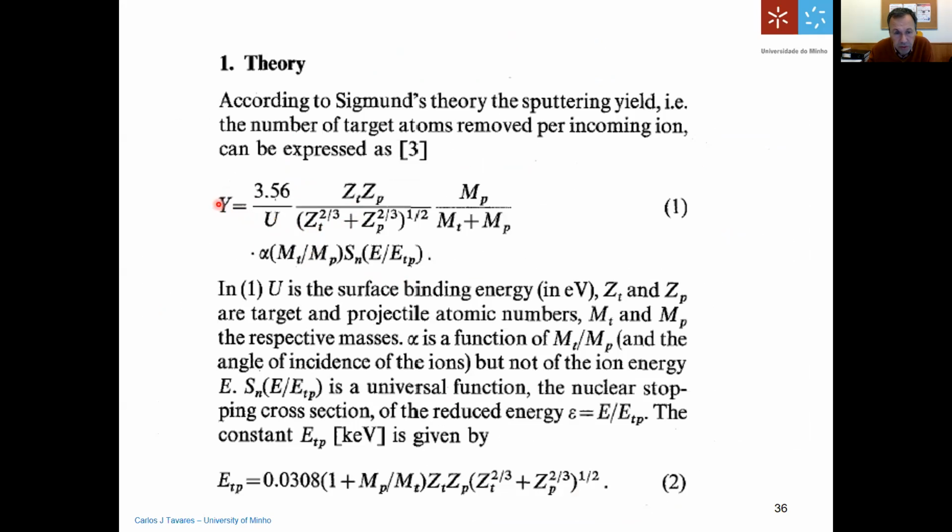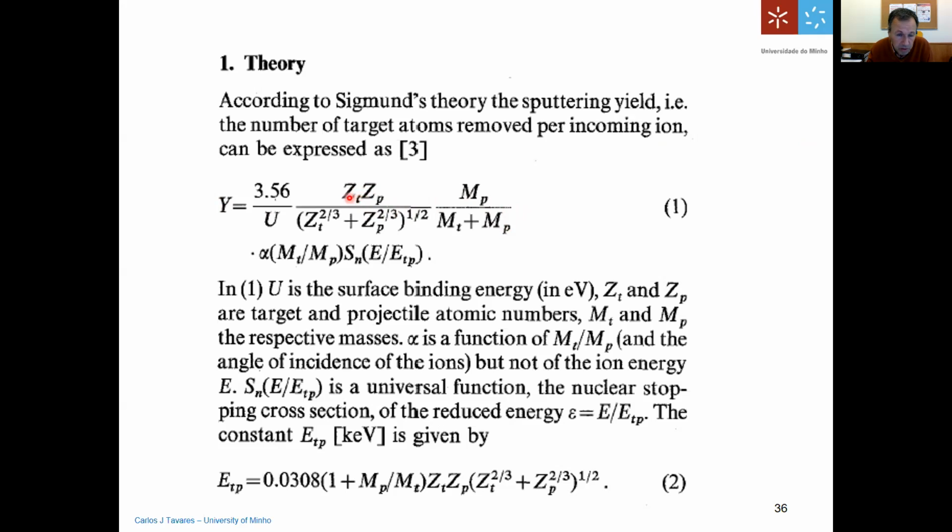The sputtering yield is dependent on the periodic properties of both the elements of the target and of the gas used for sputtering, which is used as a projectile. So Z is the atomic number.